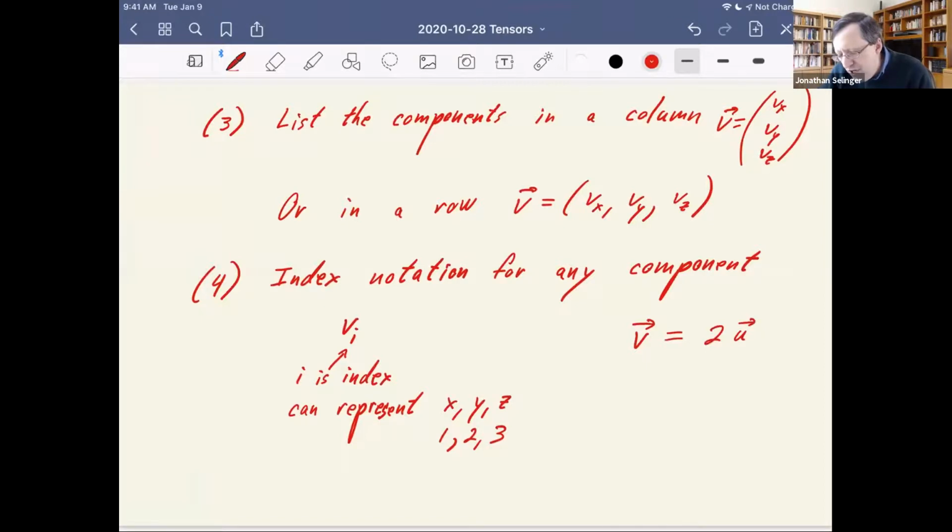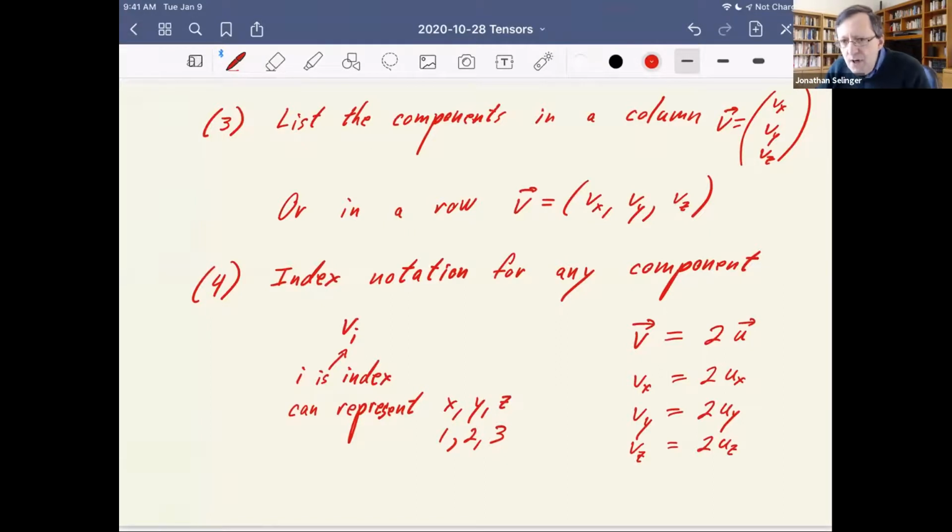That's a relationship between the vector V and the vector U. We could write that equation in terms of its components as Vx is 2 times Ux, and Vy is 2 times Uy, and Vz is 2 times Uz.